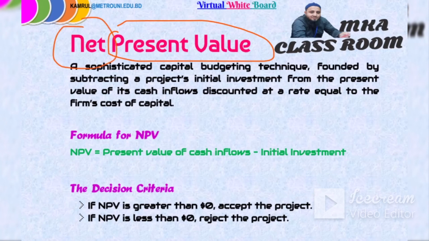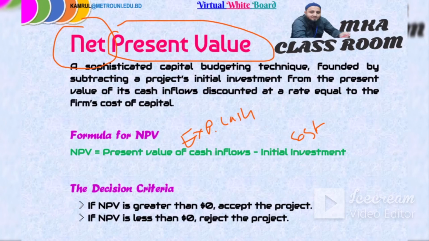The formula for net present value equals the present value of expected cash inflows, the expected cash flows from the investment, then subtract the initial investment or cost of investment. Then you can get the net present value.